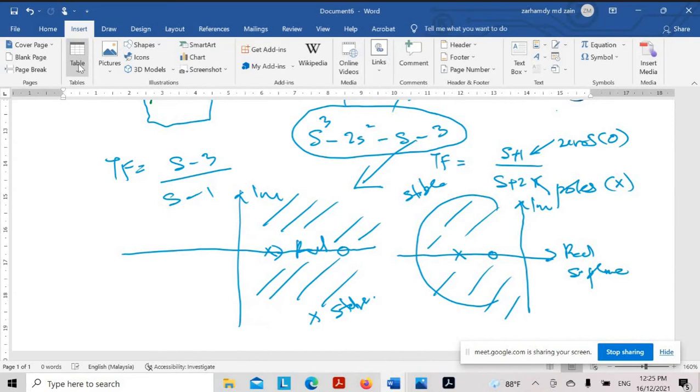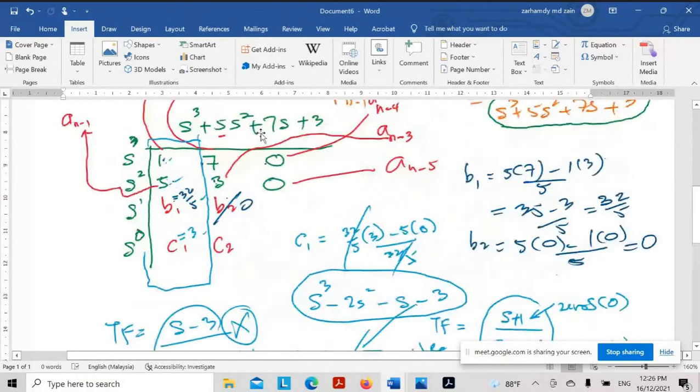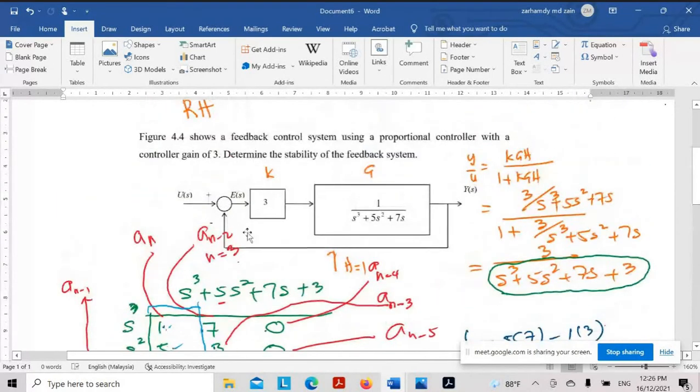We just need to redesign or remodel again to make our model stable. It means we need a positive, we don't want negative. Clear? Okay, so now this is the basic example.